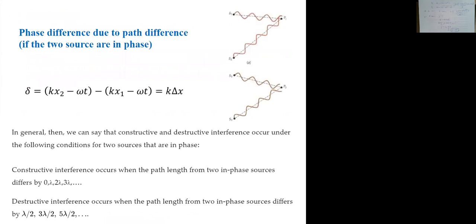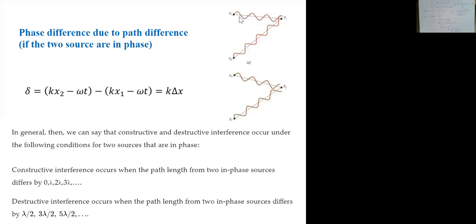So we have talked about identical waves. A lot of times when you have two waves meet at one location, they are not necessarily having the same source. So you could well have waves coming from different sources, like source 1 and source 2 in this figure here.